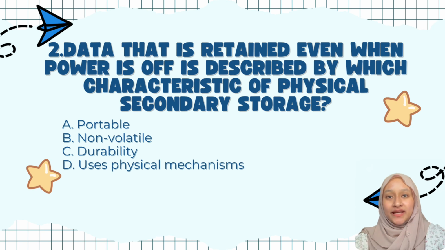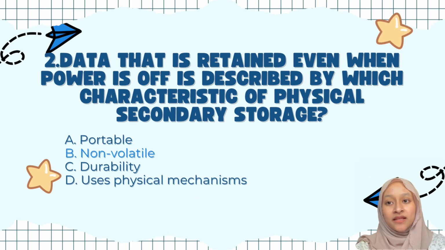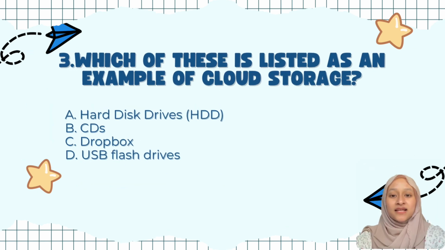Data that is retained even when power is off is described by which characteristic of physical secondary storage? The answer is B, non-volatile. It's the last question. Which of these is listed as an example of cloud storage?